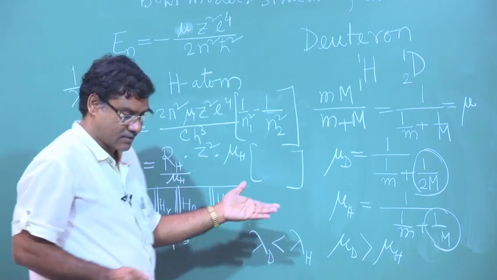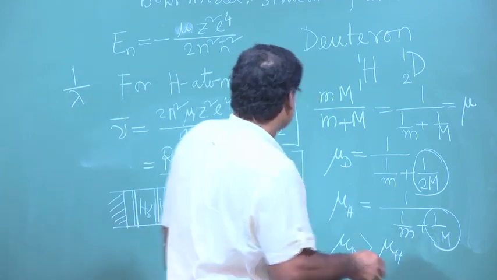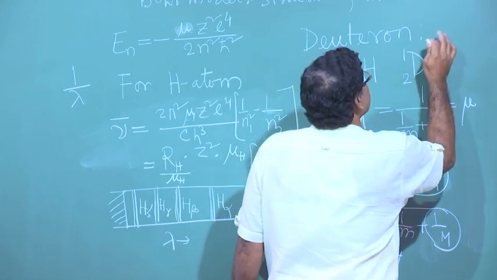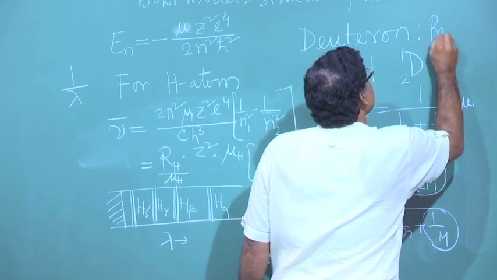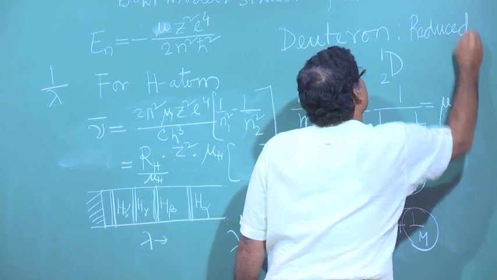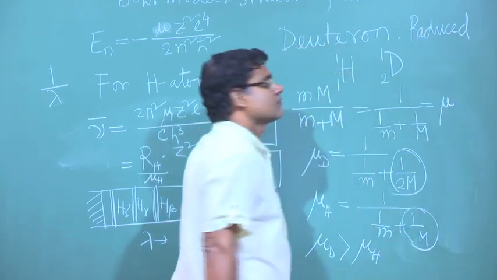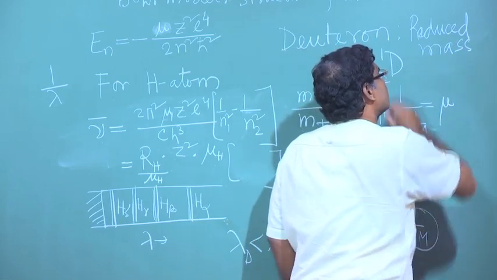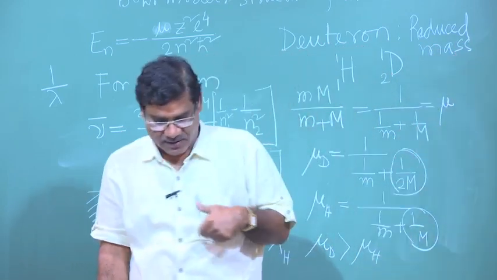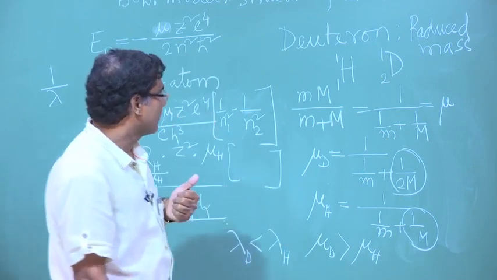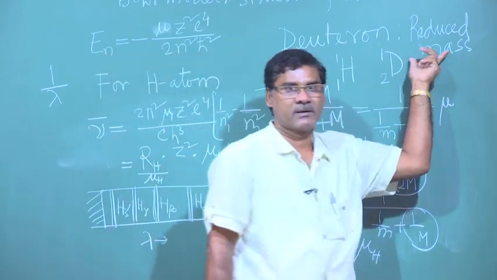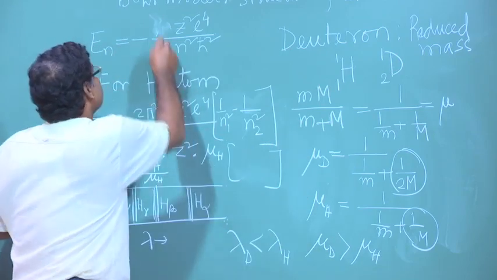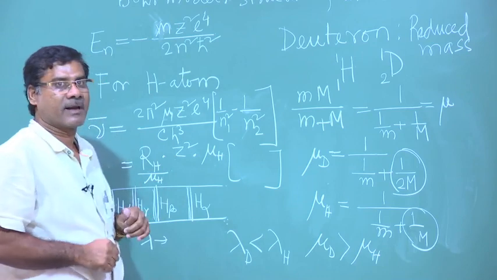So this again means basically this reduced mass was the proper correction to the initial Bohr result, where initially it was not taken into account.